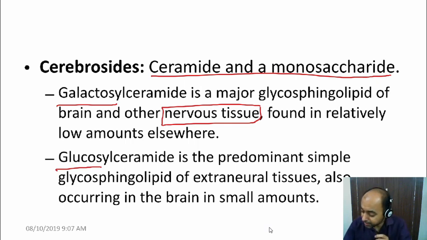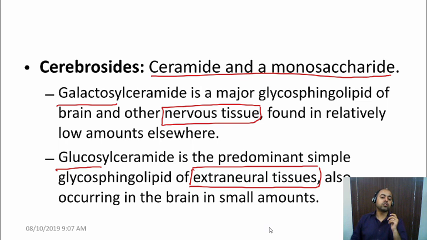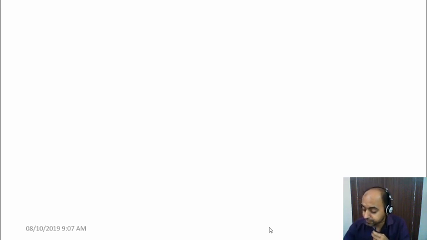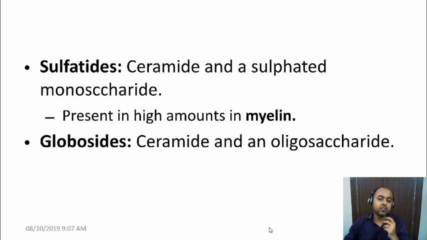The glucosylceramide is mostly present in the extraneural tissue. So galactosylceramide and glucosylceramide. Sulfatide, I already told you, is the ceramide and a sulfated monosaccharide, and they are present in the myelin. The globosides are ceramide plus an oligosaccharide.